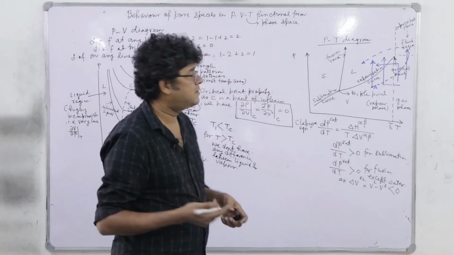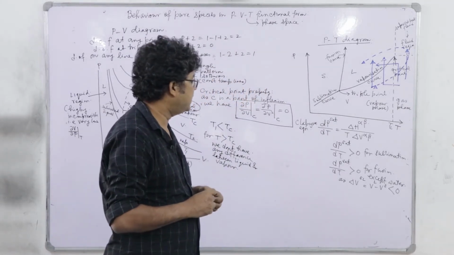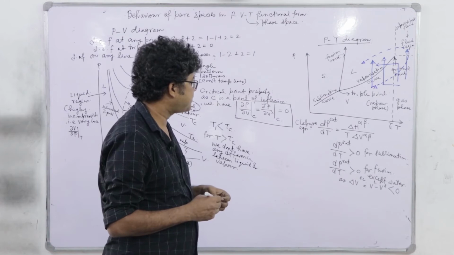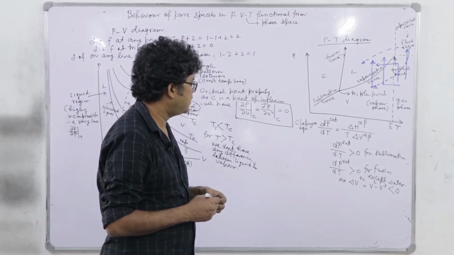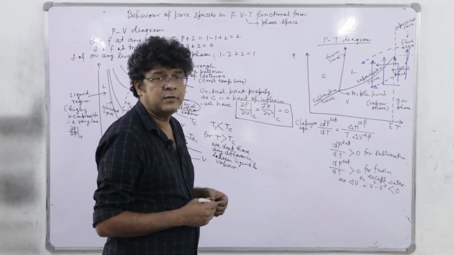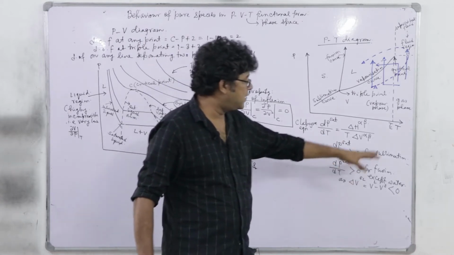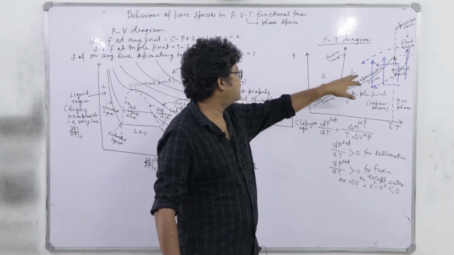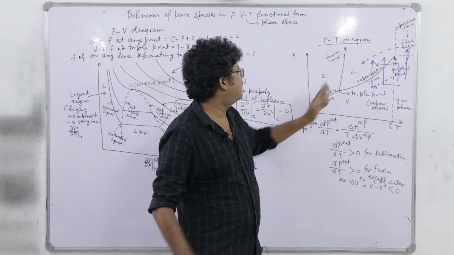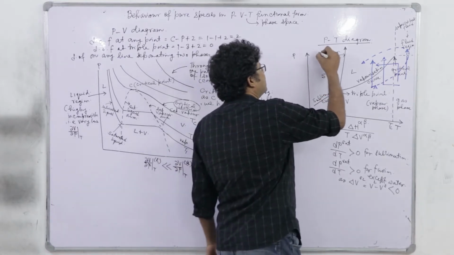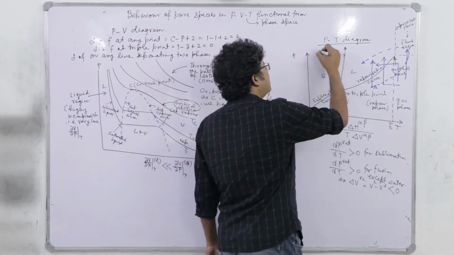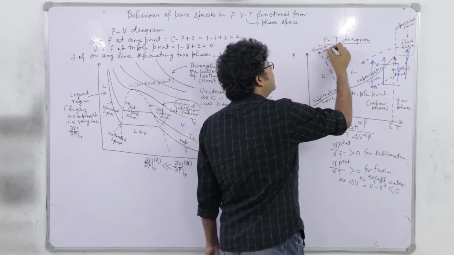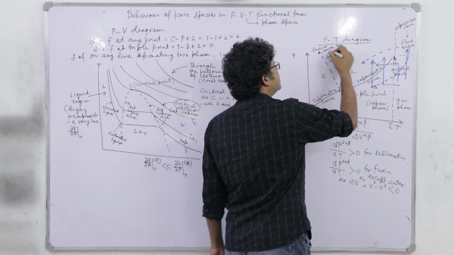When ice melts, the volume actually decreases. Okay. So, liquid volume here is lower than the solid volume, and as a consequence we will have, for water, this nature of the curve. Fusion curve for water.